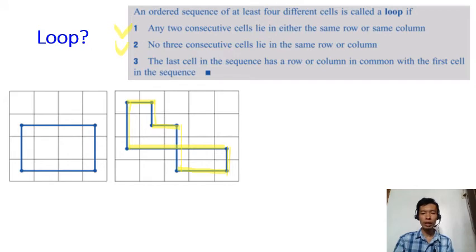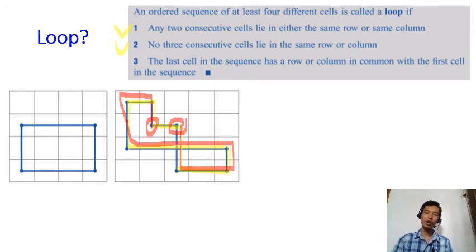So if you start here, and then you go there, there, there, and so on, you will end up in the same row. So this is again a loop, because wherever you start, you will end at a cell that has either the same row or the same column as the one that you started at first.